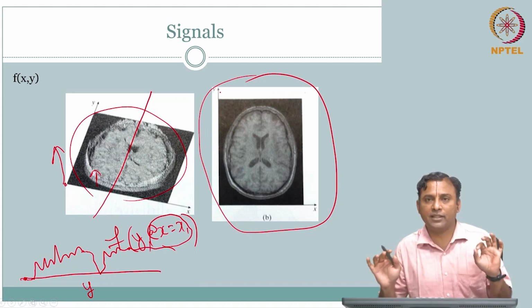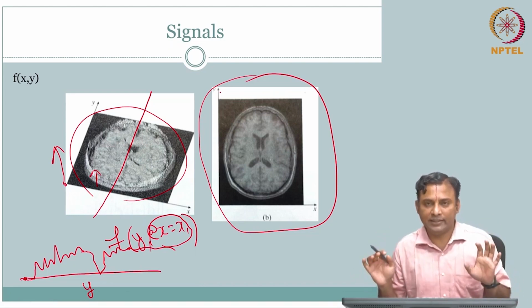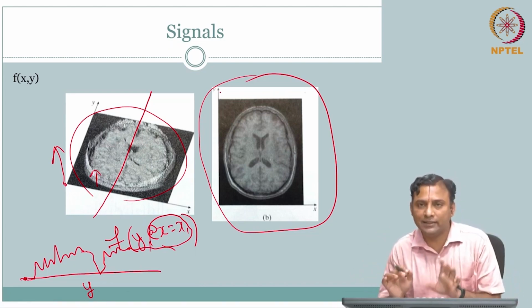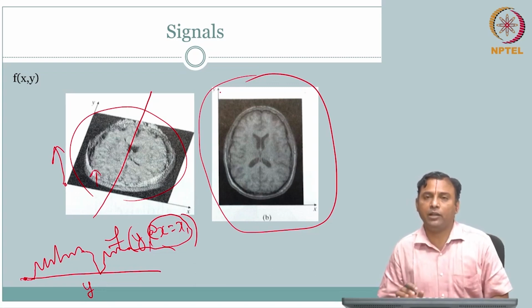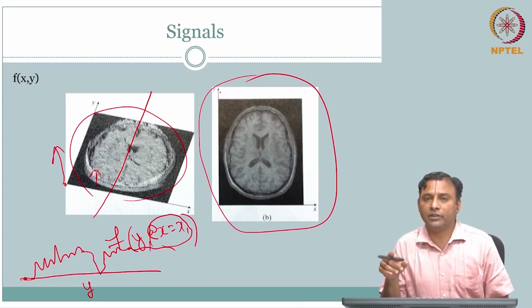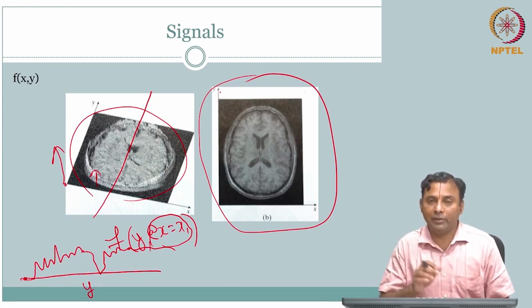It's the same f of x comma y, it's the same signal. It is just that you are visualizing this by color coding the third axis. So now you get the point. If it is a one dimensional signal, you needed 2 dimensions to show the plot, how the signal is varying. If it is going to be 2 dimensions, then you need 3 dimensions.